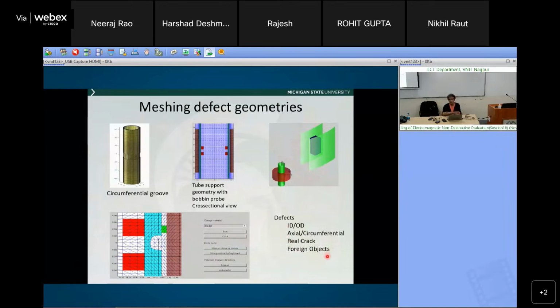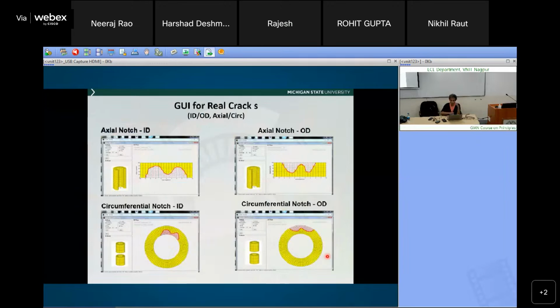They have some decommissioned steam generator units with tubes that have stress corrosion cracking. They destructively cut them open and obtain a metallographic profile, after they collect the signal. So this is the user interface for real cracks.